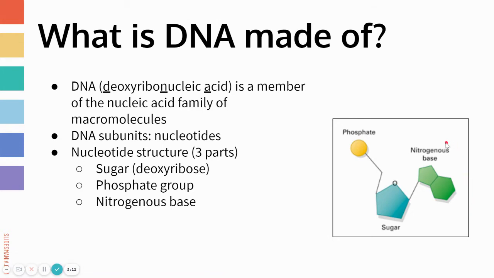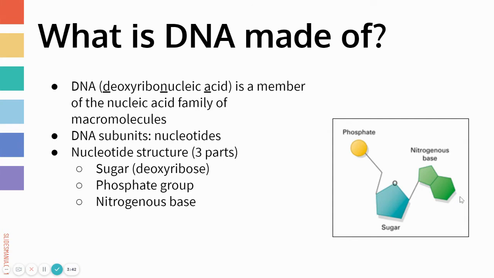The name is kind of a lot, but really all it means is that it's a structure that's got a lot of nitrogen atoms in it. So nitrogen, nitrogenous base. And this nitrogenous base is actually really important. It's a really important component of a nucleotide because it is going to be where all the variation for nucleotides will occur. This is sort of similar to, if you recall, the structure of proteins.